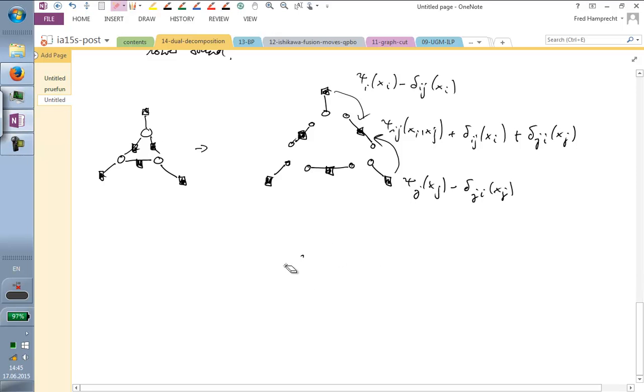I could have added extra unaries here to make it clearer.